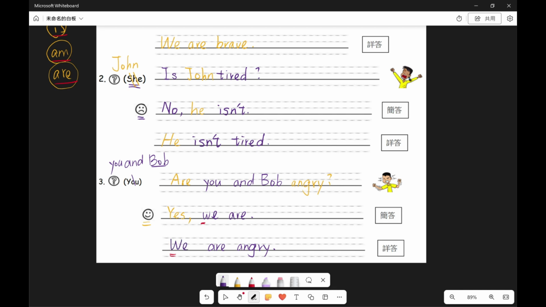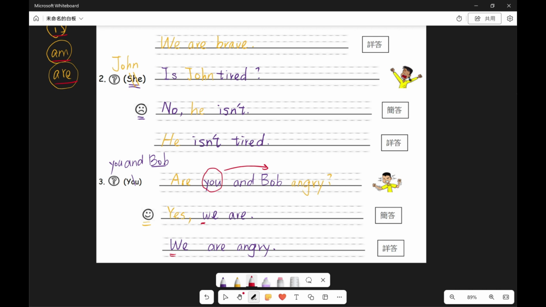The thing is, whenever you want to use you and someone else, you need to make sure that you is before that someone else. So it's always you and Bob, you and Mary, you and Peter, you and someone. So it's always you, the first word. But if you're talking about I, you have to use I as the second word.